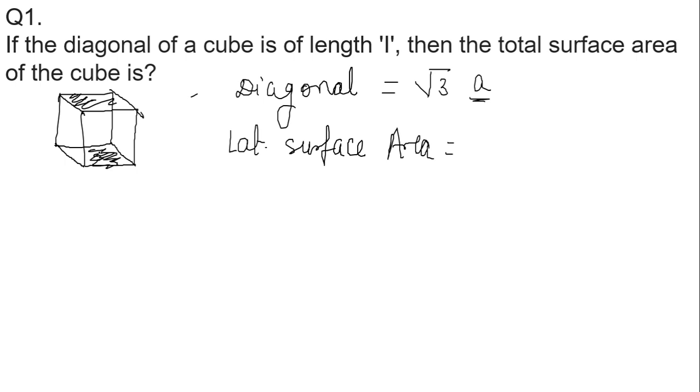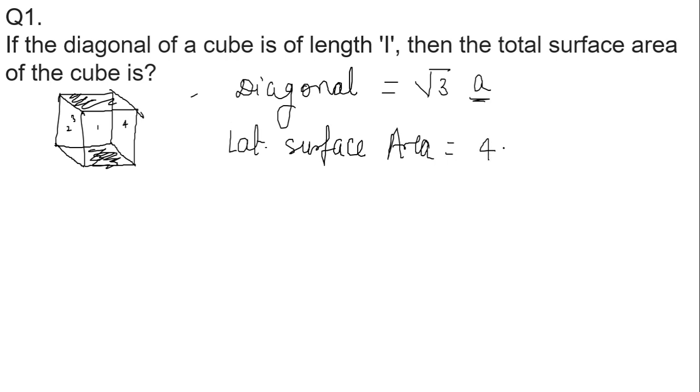After removing these two, whatever faces are left, their surface area gives us the lateral surface area. There are a total of 6 faces as we know, but only 4 lateral faces. This is the first lateral face, this is the second, the back side is the third, and this one is the fourth. The area of these gives us the lateral surface area.